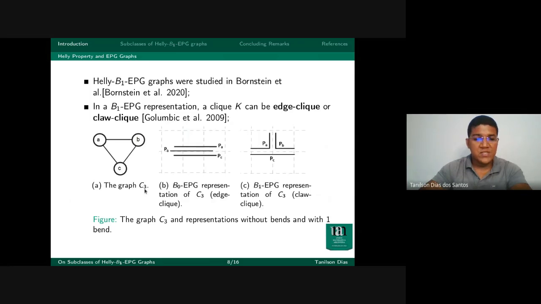For the graph C3, for instance, that is a clique, we have an edge representation in letter B, and a claw clique is a non-Helly representation. Notice that when we have a Helly-B1-EPG representation, each clique of this representation is represented by an edge clique and not by a claw clique.